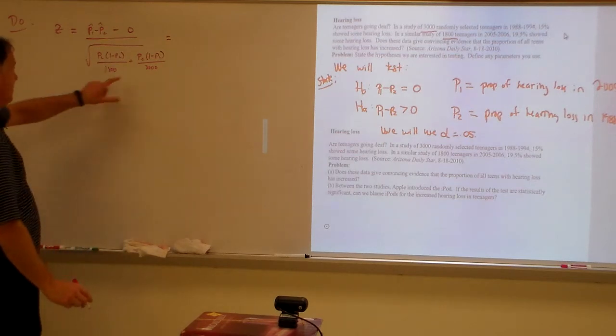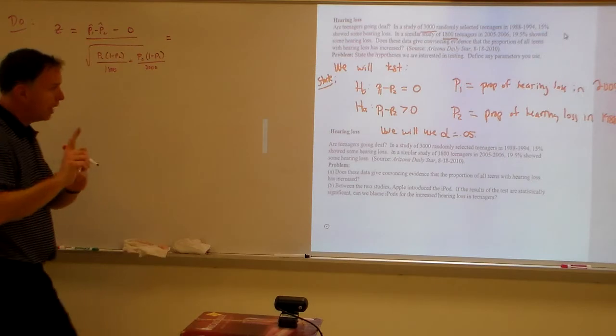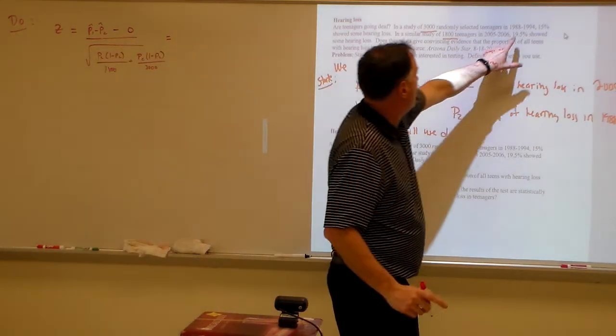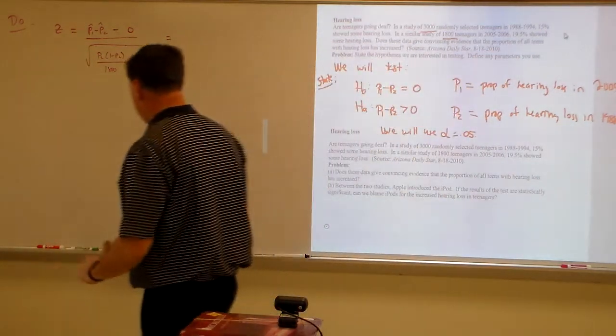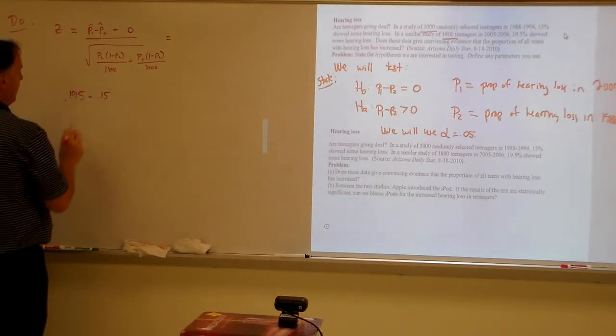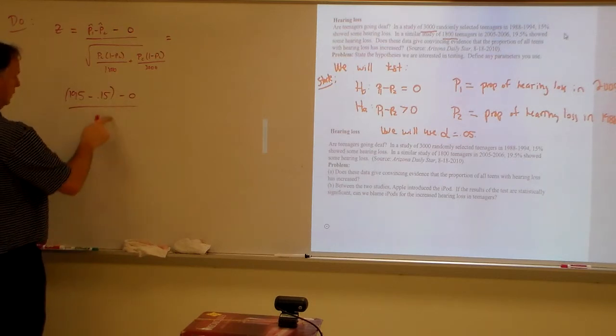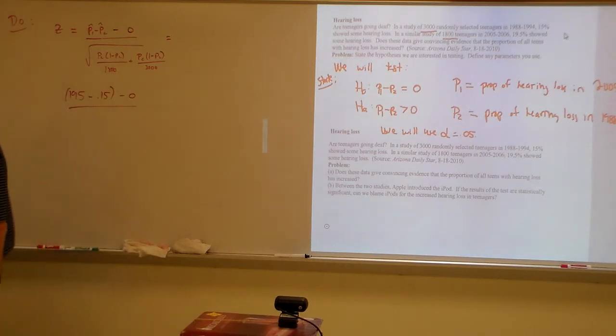Okay, so I put in some of the values, some of them I didn't. P1 was 0.195. So I'm going to have 0.195 minus 0.15, minus 0 over this. I'm hoping the book did that for me. No, of course not. That would be too easy. I've got to do all the work.